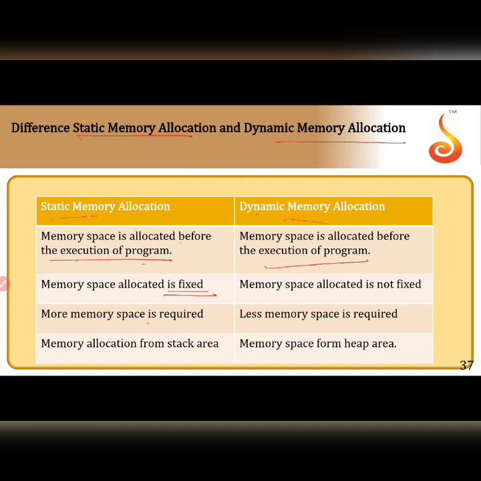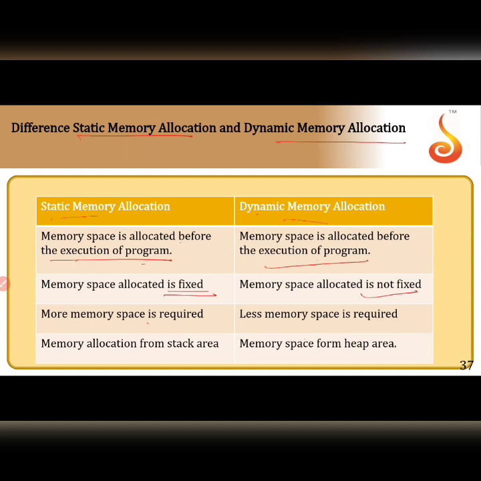The memory is fixed. In dynamic allocation it is not fixed, because in the last program we saw that depending on the size I am creating the array. When I say size is 10, it will create an array of 10 elements. When I say size is 50, it will create an array of 50 elements. So depending on the user, the size changes.